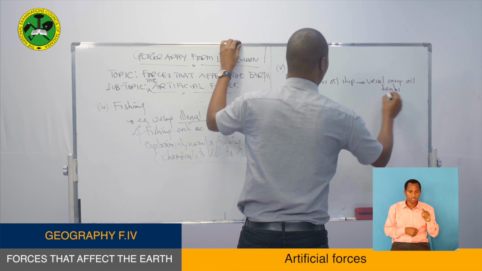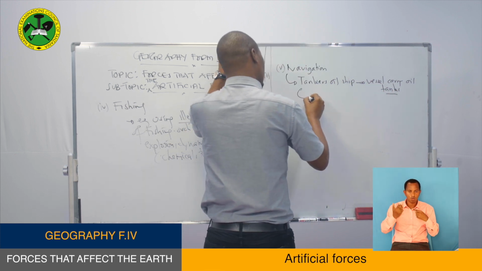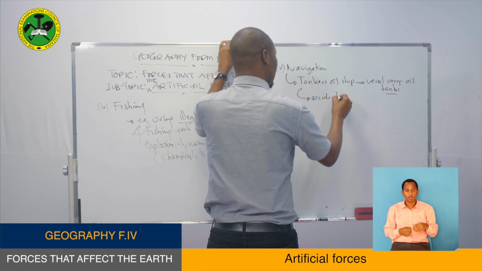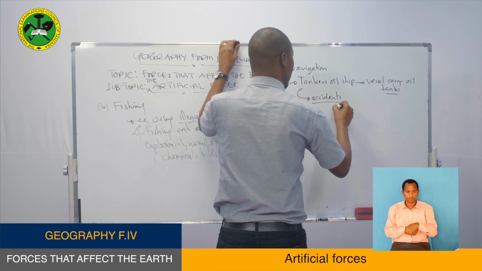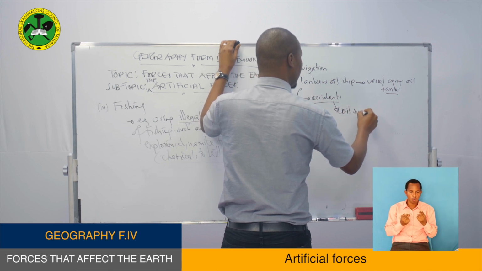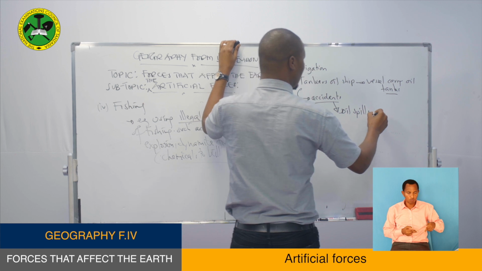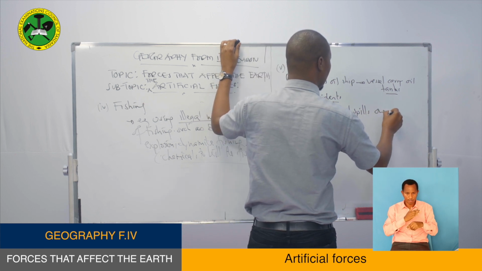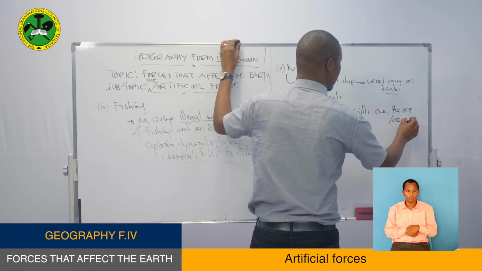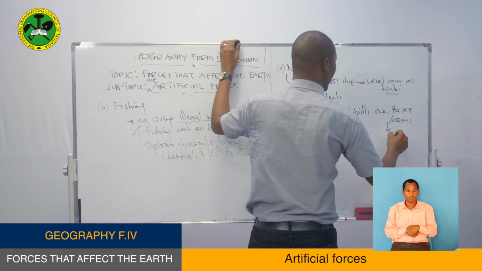Are you with me? So once an accident occurs, it means there may be what we call oil spills over the sea, oceans, or other water bodies, rivers, lakes, etc.